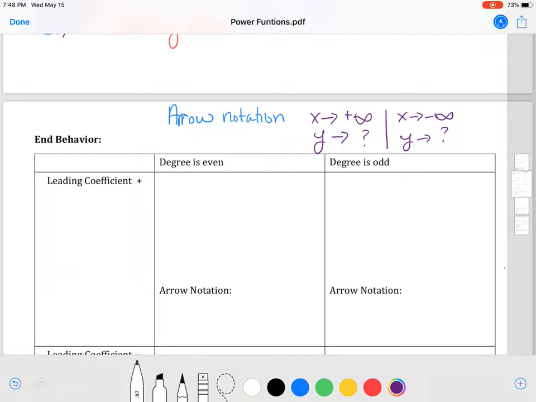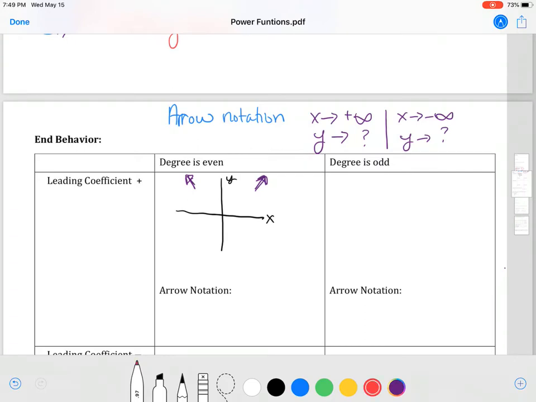So the way that we can identify where those arrows are placed would be by our leading coefficient and our degree. And we have 4 situations for that. So if you imagine that this is my y and my x-axis, if my degree is even and my leading coefficient is positive, then my arrows, when I draw my polynomial, are going to be in the first quadrant and in the second quadrant.